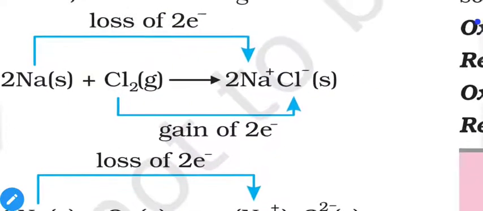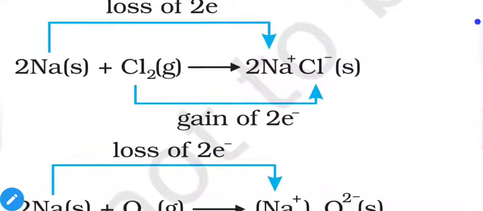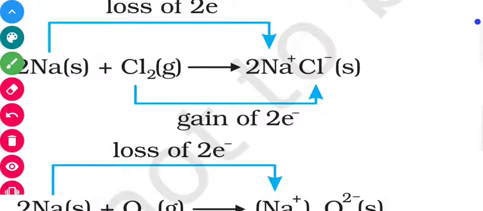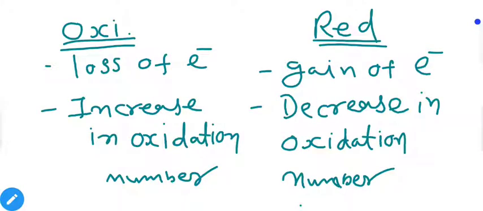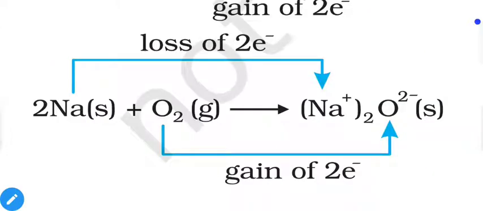So that means we have some more definitions for oxidation and reduction: oxidation means loss of electrons or increase in oxidation number, and reduction means gain of electrons or decrease in oxidation number. Similarly, the second reaction is also mentioned. We have sodium with zero oxidation state and oxygen gas with zero oxidation state.